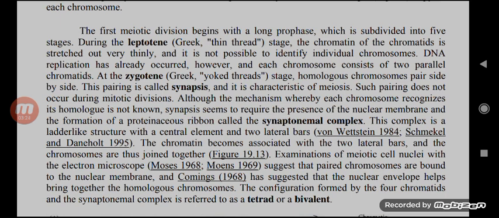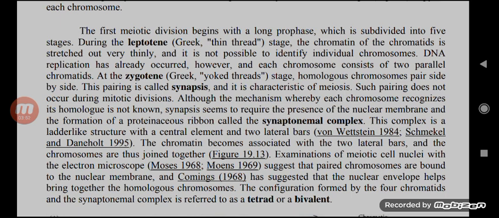Such pairing does not occur during mitotic division, although the mechanism whereby each chromosome recognizes its homologue is not known. Synapsis seems to require the presence of the nuclear membrane and the formation of a proteinaceous ribbon called the synaptonemal complex.